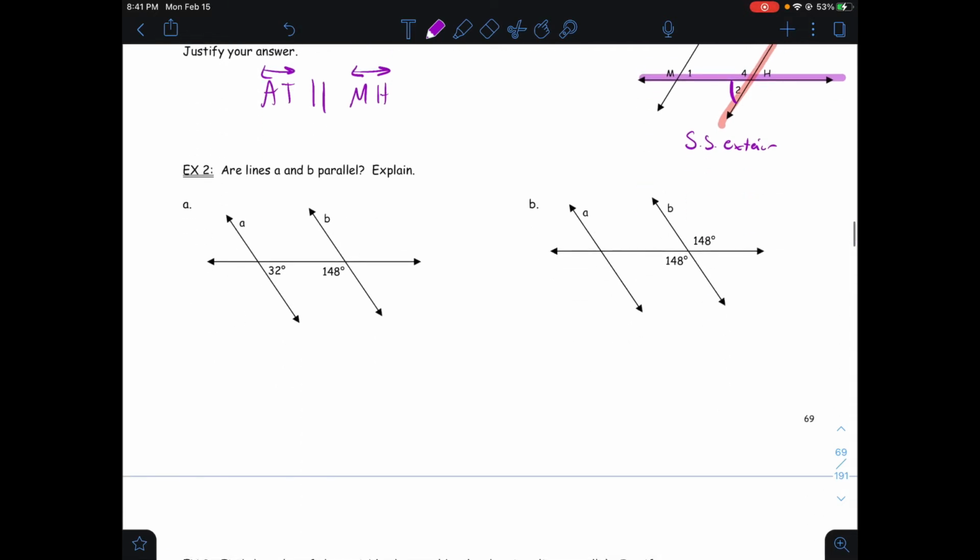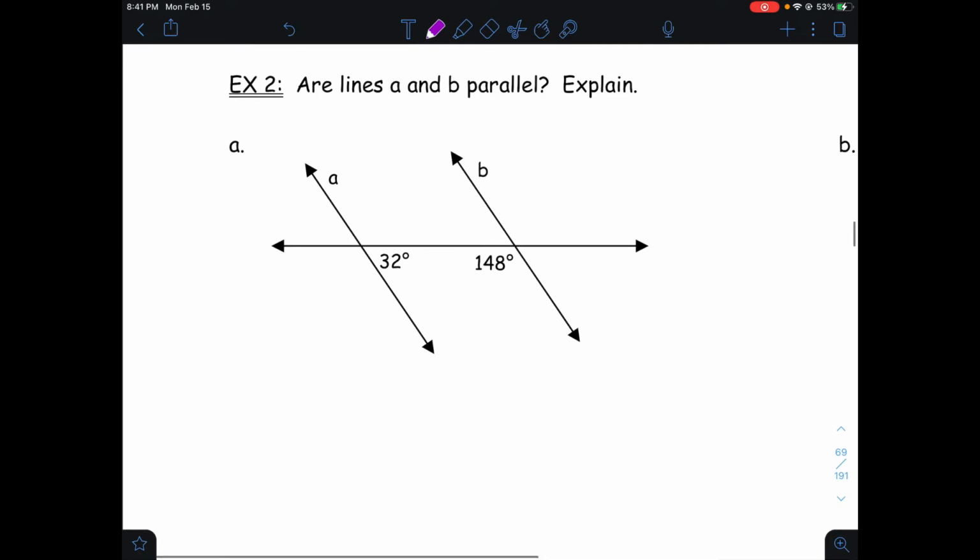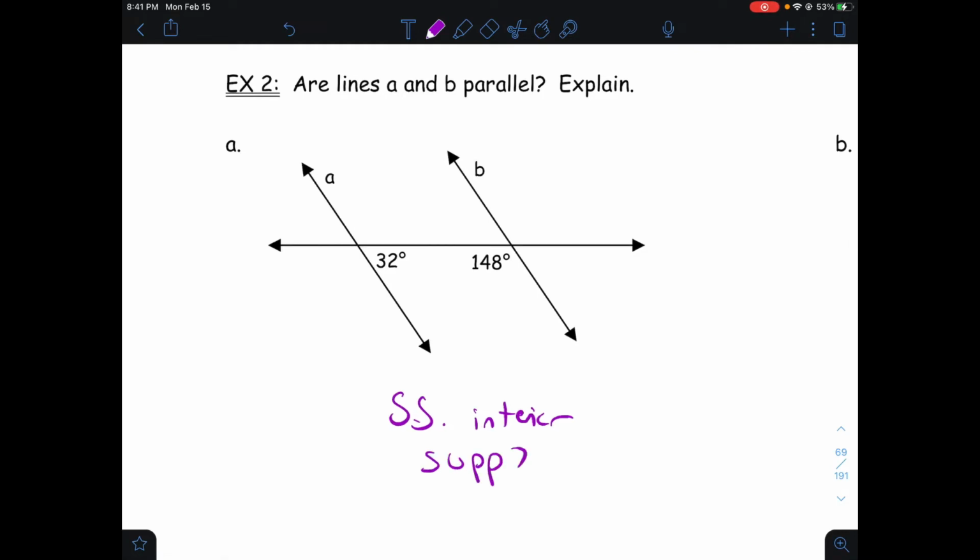All right, very nice. So now for example 2, it says, are lines A and B parallel? Explain. So if we look at the angles they gave us, these are going to be same side interior. And we know that same side interior angles for parallel lines would need to be supplementary. Okay? So the question is, are these supplementary?